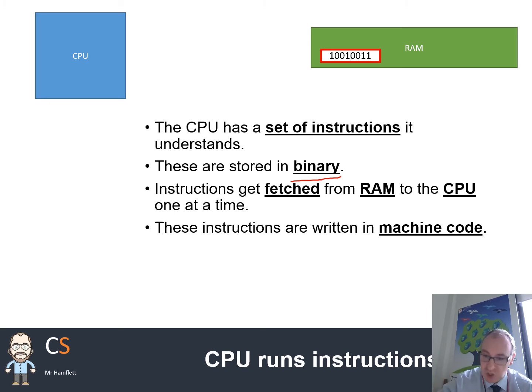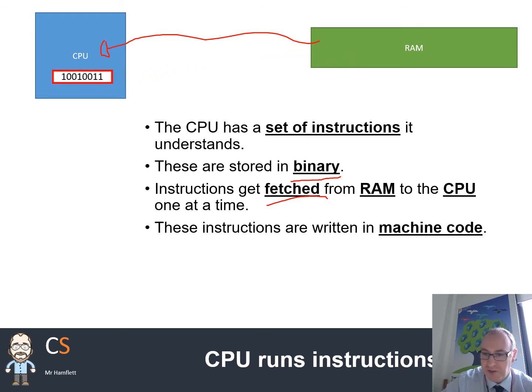So it's machine readable, not human readable. In order for an instruction to run, we have to take it from RAM and fetch it into the CPU. That's why we call it the FDE cycle, the fetch, decode, execute cycle, because the first thing you have to do is get the instruction from RAM into the CPU. And there's a little animation for you.